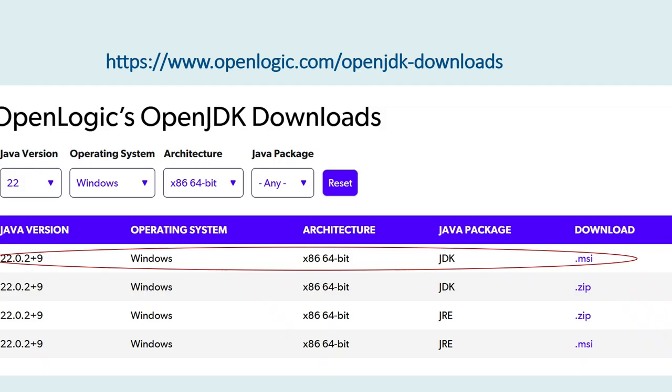To download the latest version of OpenJDK, we can search on the internet. Here is one choice, OpenLogic's OpenJDK. After installation, you may check OpenJDK again using the method we used before.